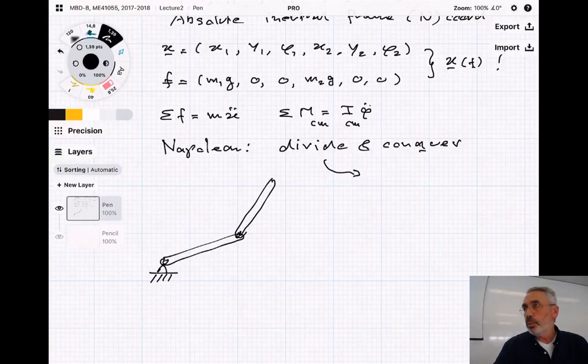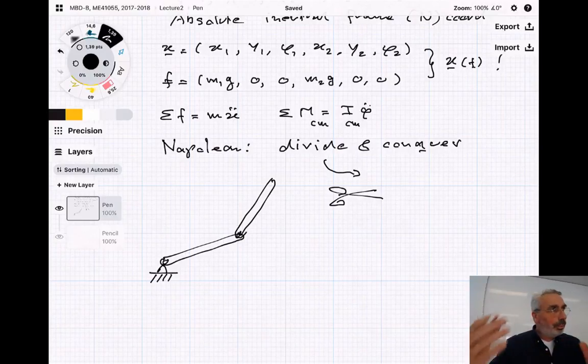What is the most powerful instrument of an engineer? Scissors. Forget all your tools. The only thing you need is scissors. Because with the scissors, we are able to divide our system. So we make cuts. We have two parts.